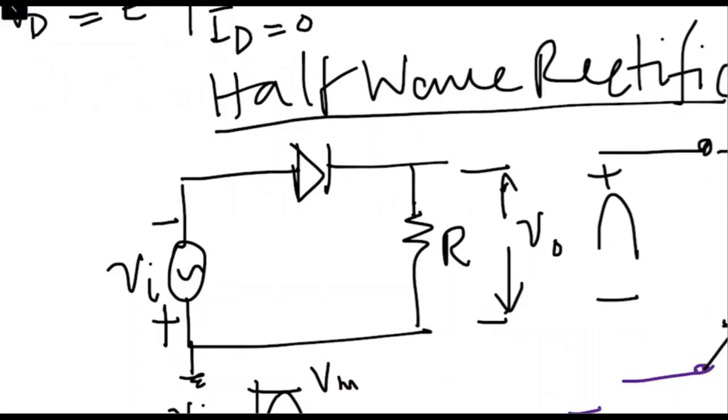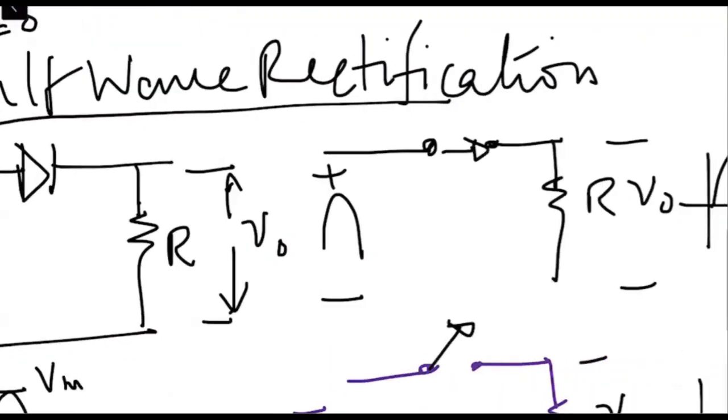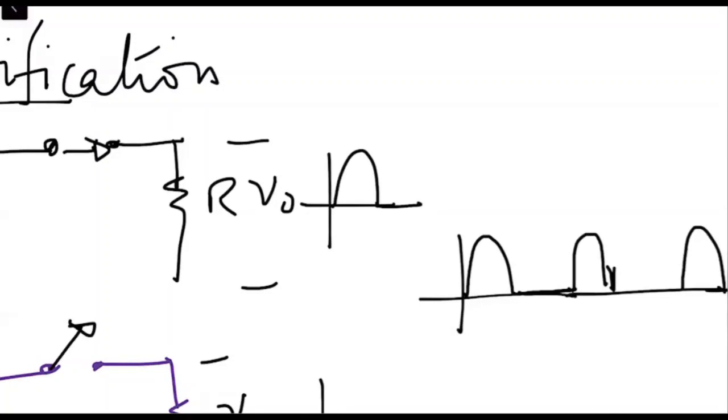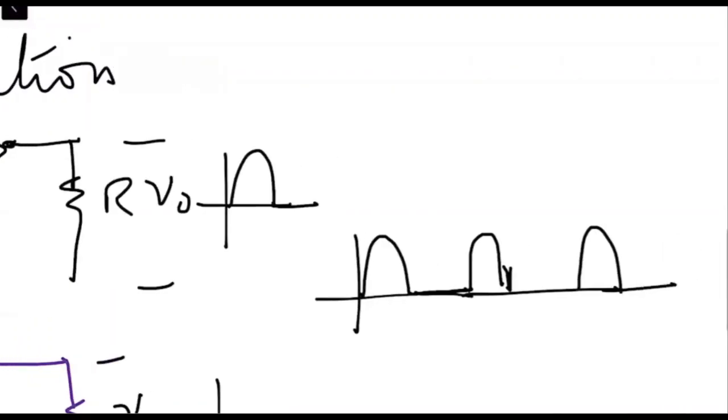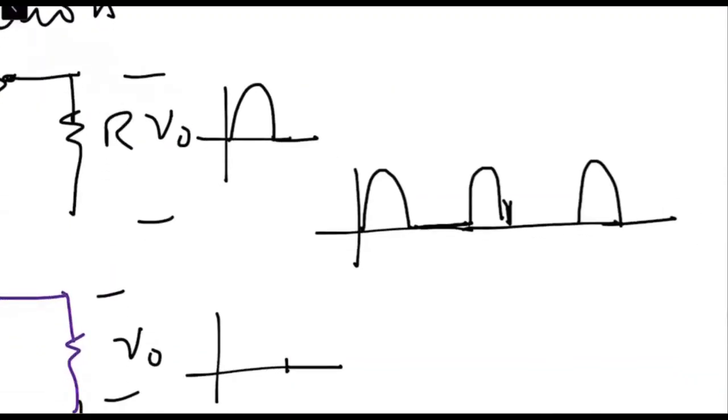So the behavior over here is that for a sinusoidal waveform, we are getting only the positive half cycle at the output and the negative half cycle is being taken out. So we are converting a sinusoidal waveform into a unidirectional waveform.